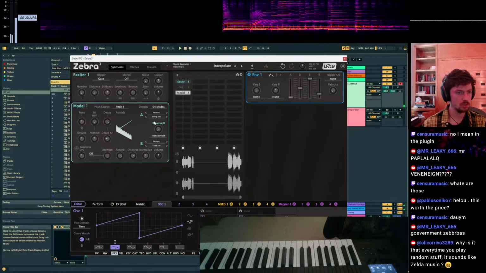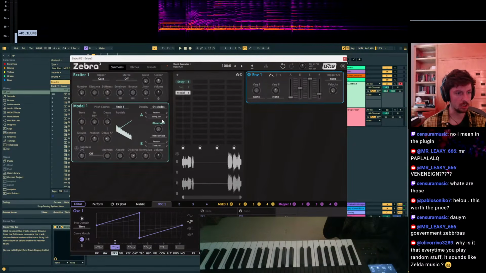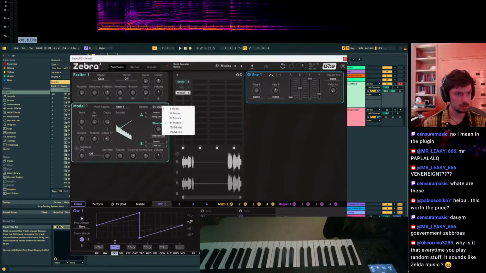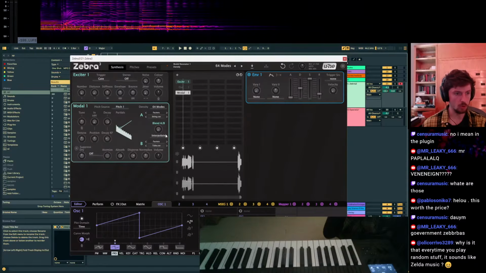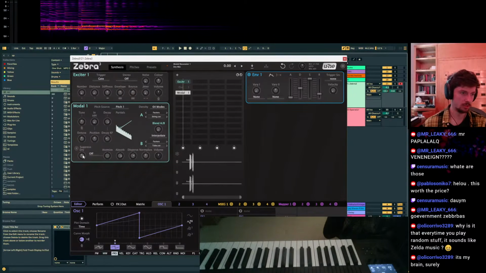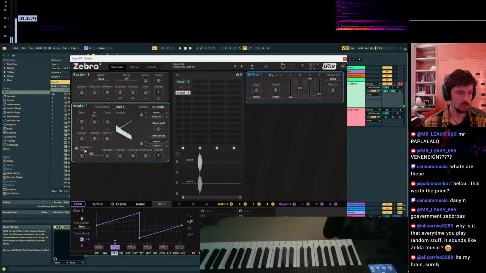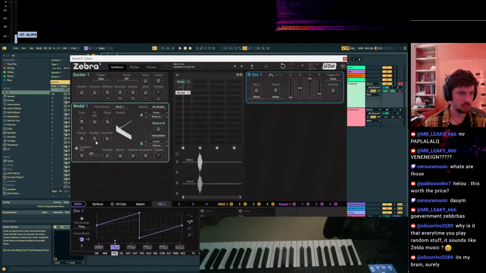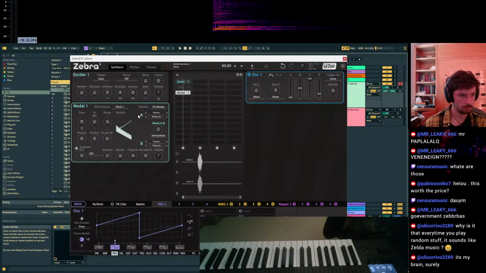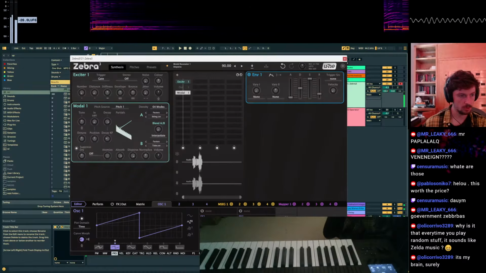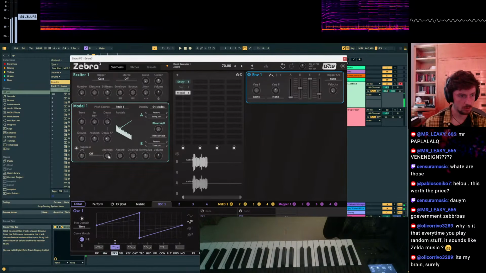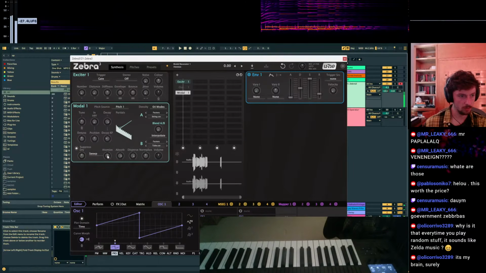Okay, how do I do the crazy... they changed my boy. It looks totally different. Where is the arpeggiating partials thing? I don't know. Atomize? Sweep?